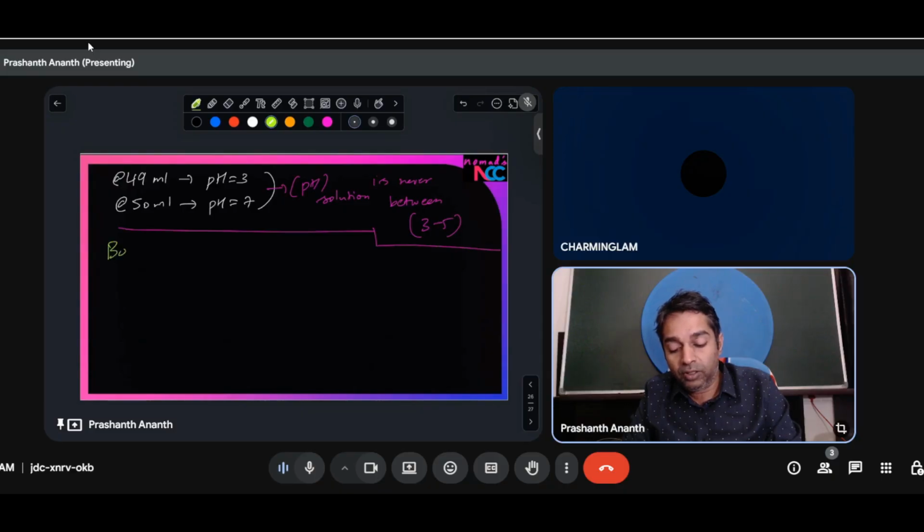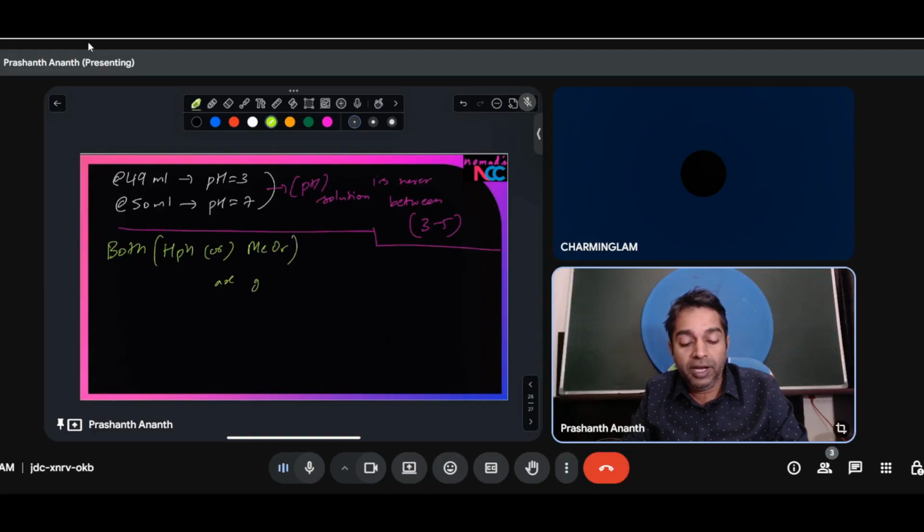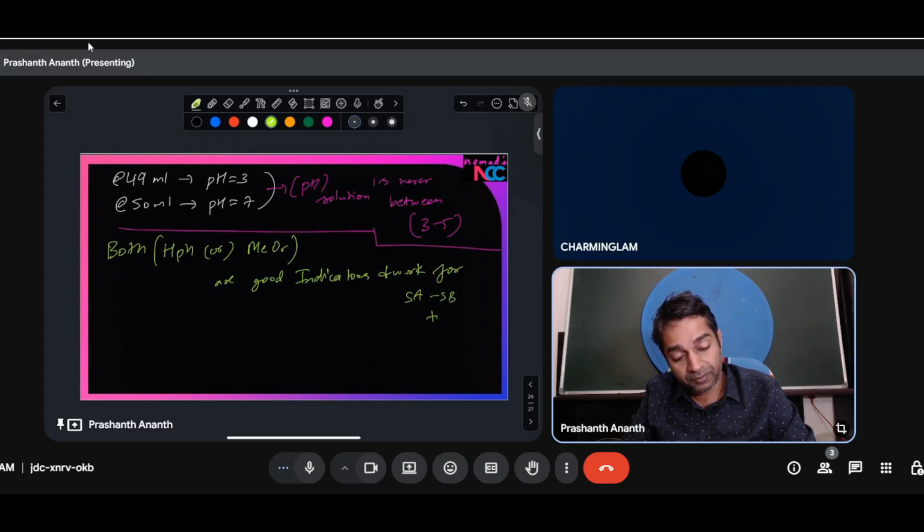So both phenolphthalein and methyl orange, we can use any one of the two of them, are good indicators and work for strong acid, strong base titration. They work perfectly well in these cases.